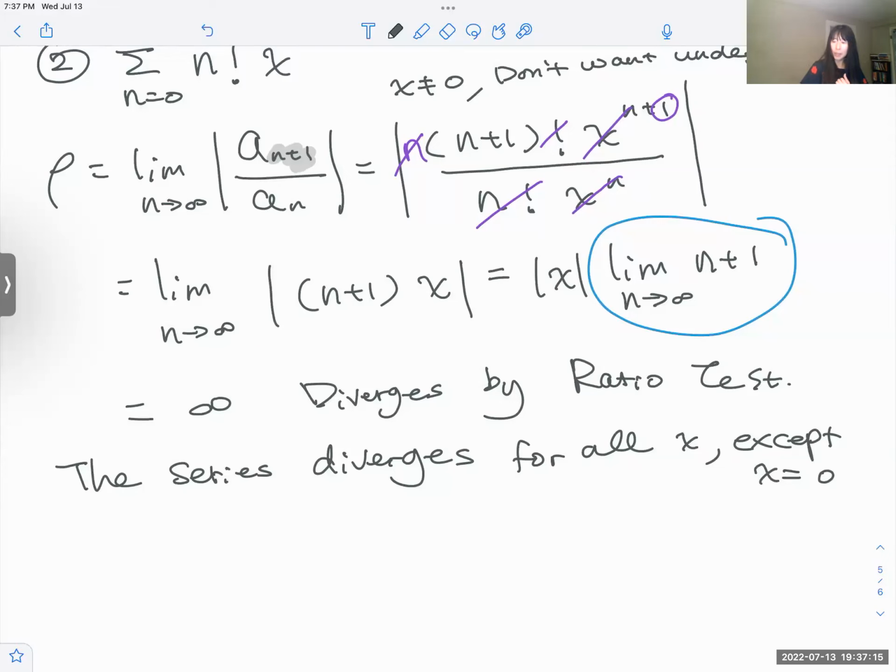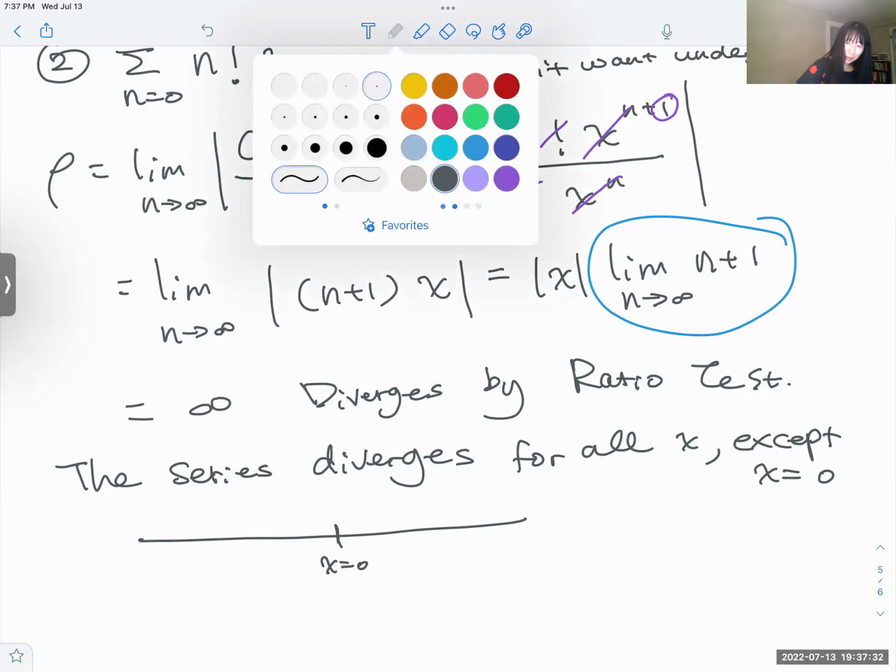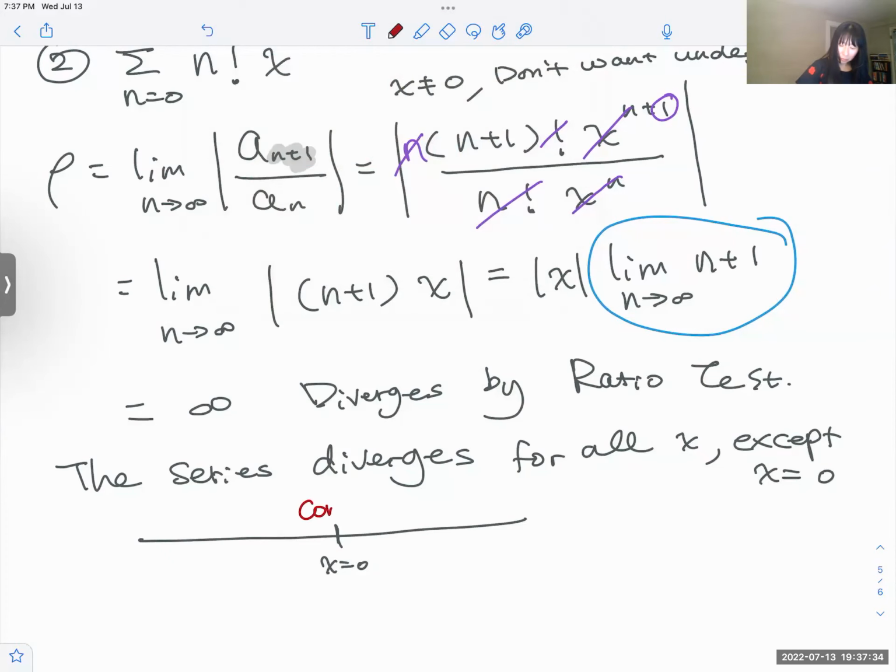So we can say that by type 1, think about a picture in your brain. So at the point, let me write down just here. When x equal to 0, it converges. Convergence at this point, okay? Then it diverges everywhere, okay?